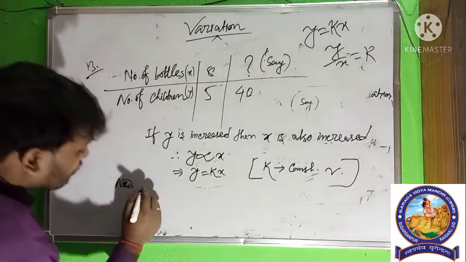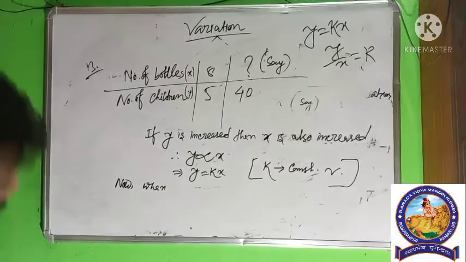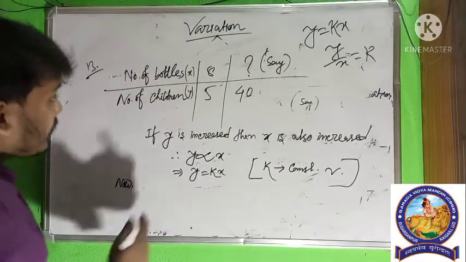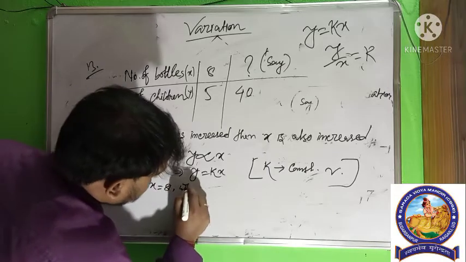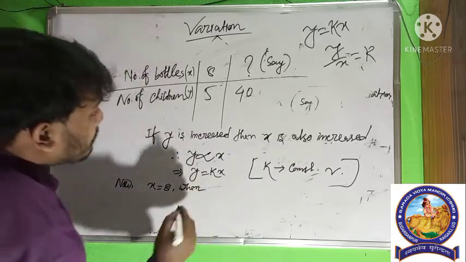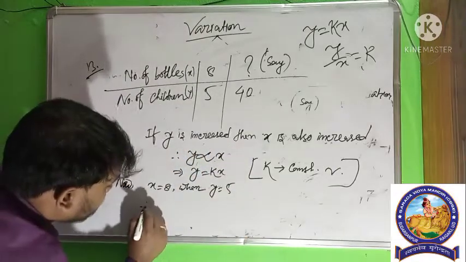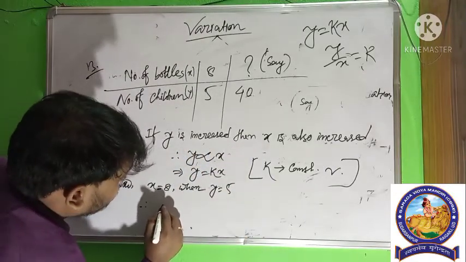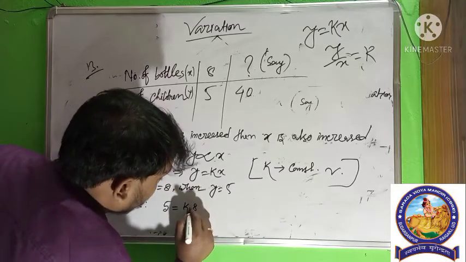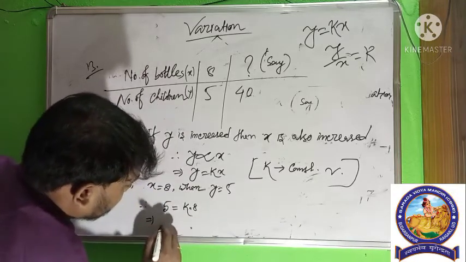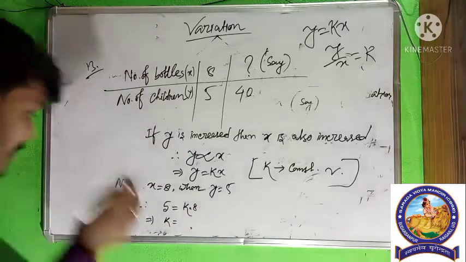So when x is 8 and y equal to 5, therefore 5 equal to k into 8, implies k equal to 5 by 8.